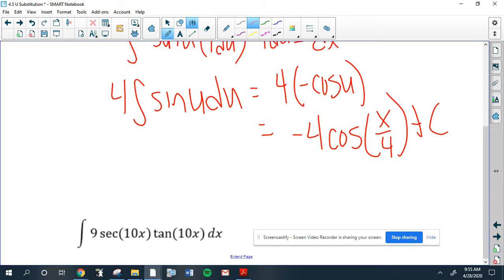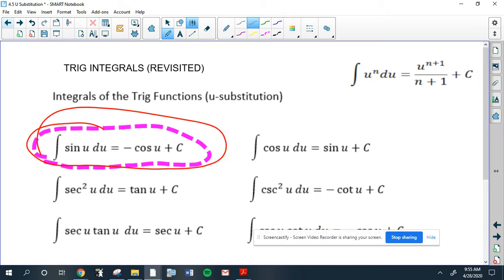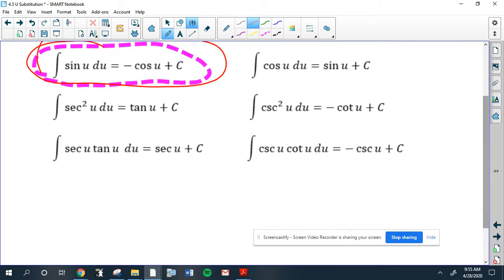So the next question looks very complicated until you realize that secant 10x tangent 10x can be easily converted into secant u tangent u with an easy u substitution, and we have that formula.